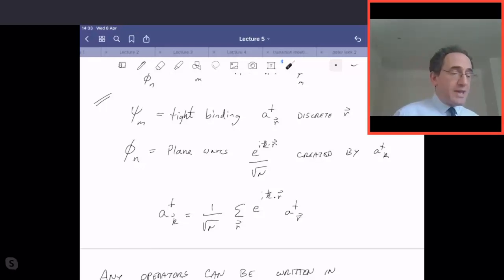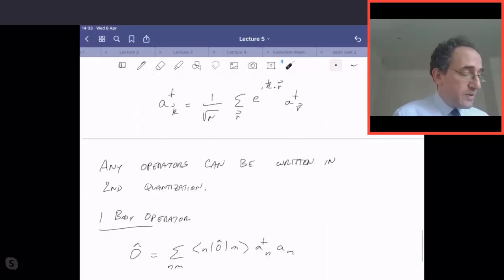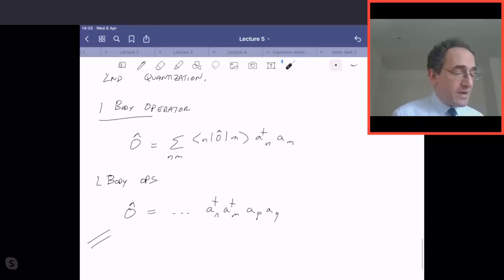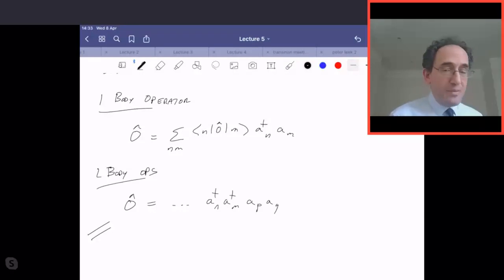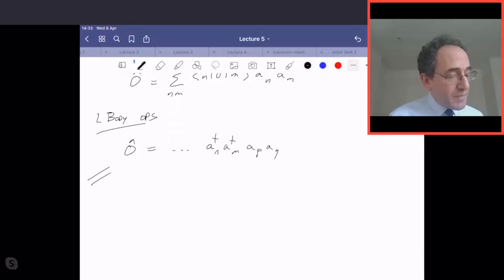You start by thinking about things on a lattice because it's easier, but then at the end of the day, you want it to be on a continuum. So you take a limit where the lattice becomes no longer discrete, where the lattice points get very, very close together with each other. So we can go from discrete to continuum.